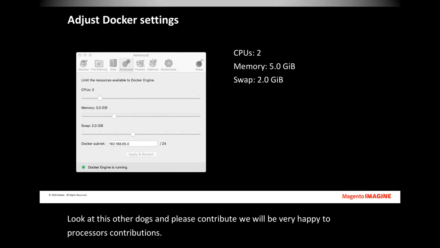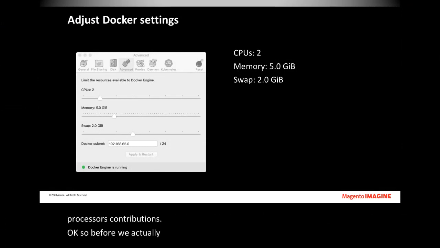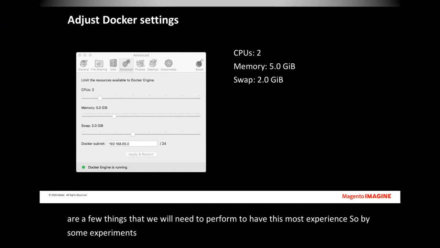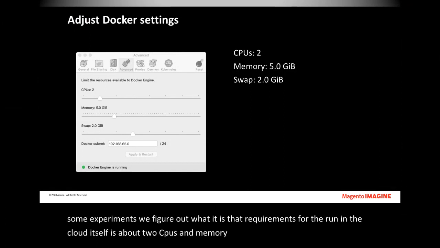Okay, so before we actually start with MFTF Cloud Lab, I will just say that there are a few things that you will need to perform to have a smooth experience. By some experiments, we figured out that the requirements to run Magento and Cloud Docker itself are about 2 CPUs and at least 5 gigabytes of memory.